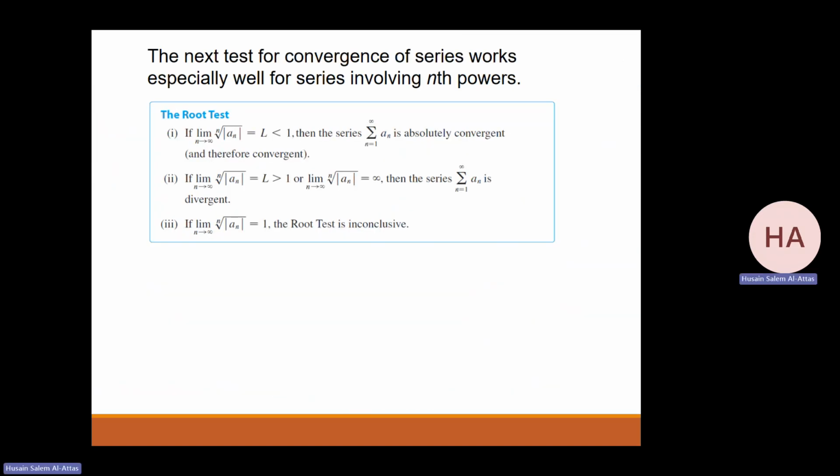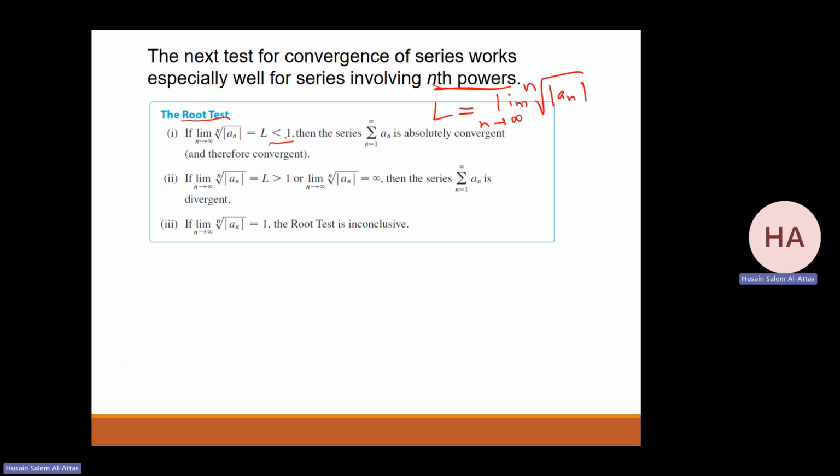The other test in this section is called the root test. What is the root test? It works especially well for series involving powers. If we have powers, the same idea applies, but my L is different. L will be the nth root of the absolute value of a_n.